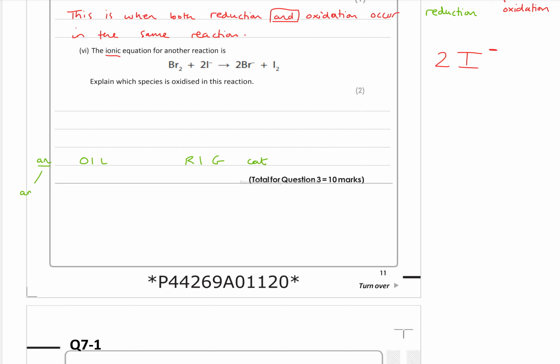That is short for anode, and that is short for cathode. When I see this, I start to panic, because the positive electrode is the anode and the negative is the cathode.